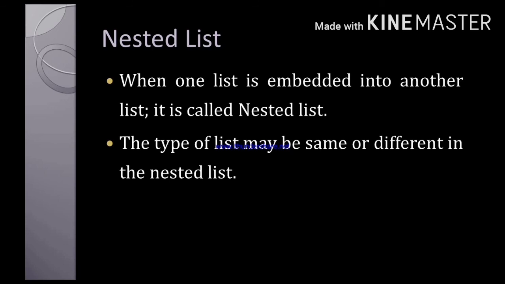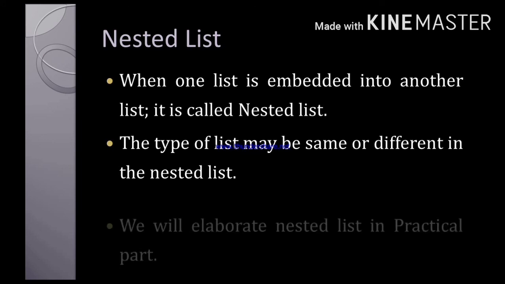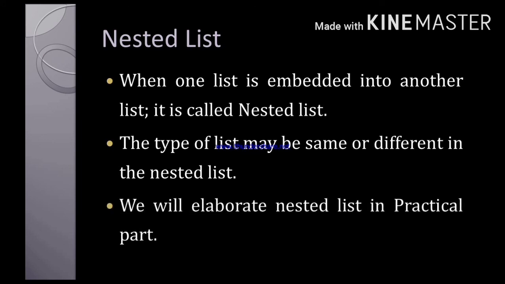Suppose I have a list of subjects. Here I am starting with English, then SS, then science. Now into science I again want another list of physics, chemistry and maths. At that time I have to create another list within the existing list. So in such cases it is called a nested list. We will elaborate the nested list in the practical part.